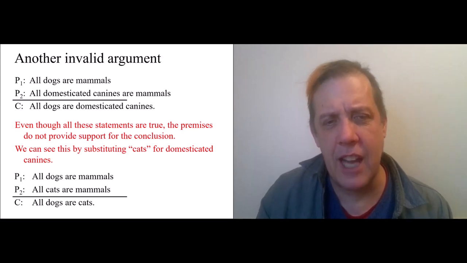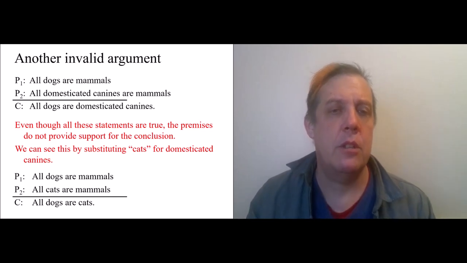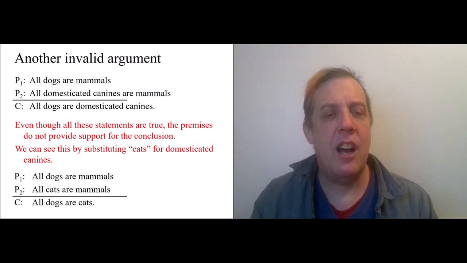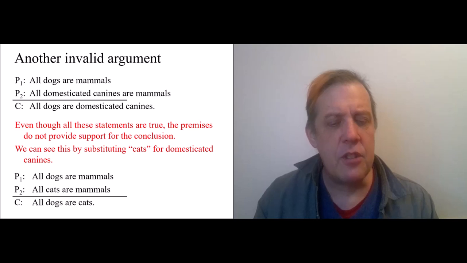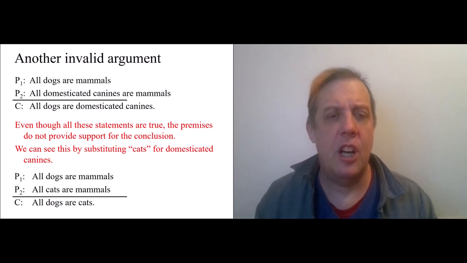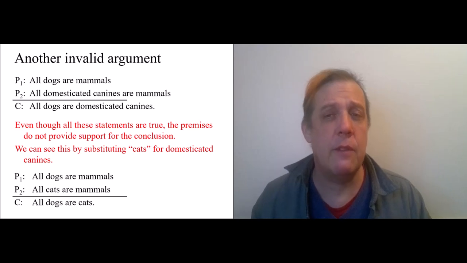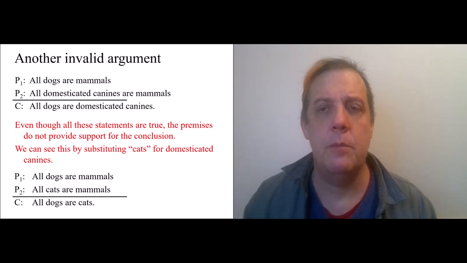Therefore, all dogs are cats. Suddenly, we have the same argument structure, but true premises and a false conclusion. So when you look at it as this structure, you can see that it is possible for the premises to be true and the conclusion false, and therefore the argument is invalid.